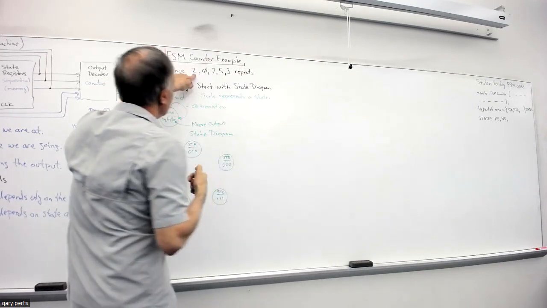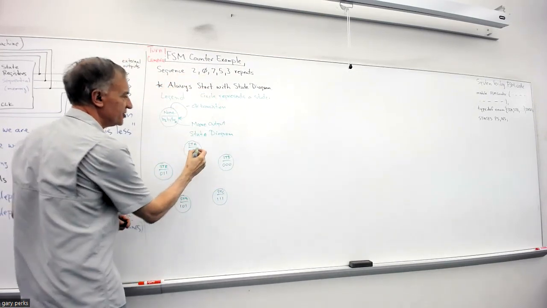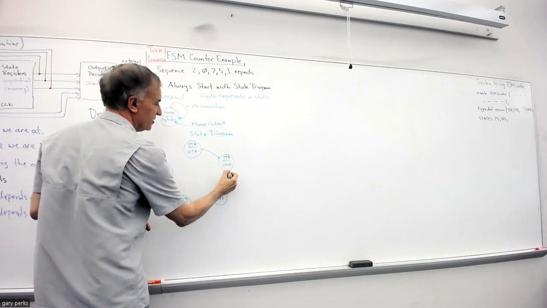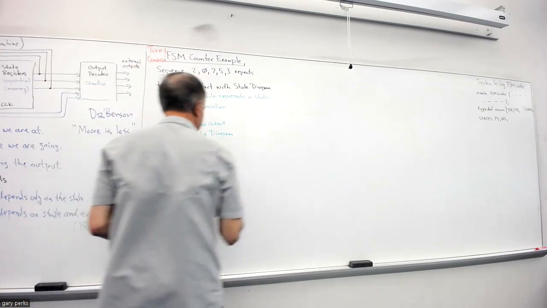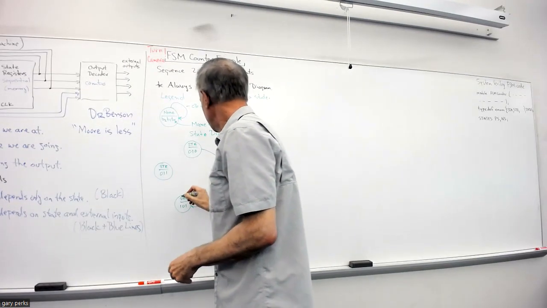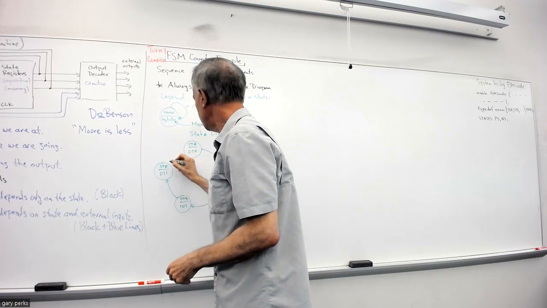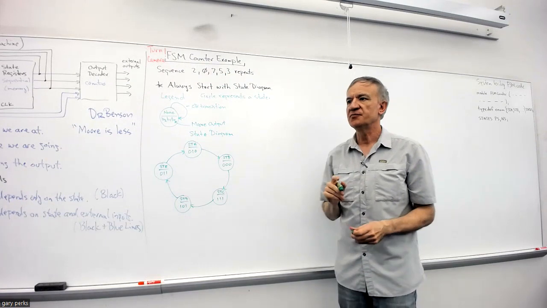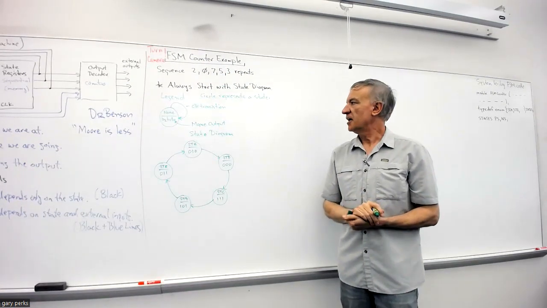Okay, so since I'm going 2, 0, 7, 5, 3, it would just be, I'm going state A to state B, state B to state C, C to D, D to E, E to A, right? Because I'm just going to repeat once I get to state E. Okay.